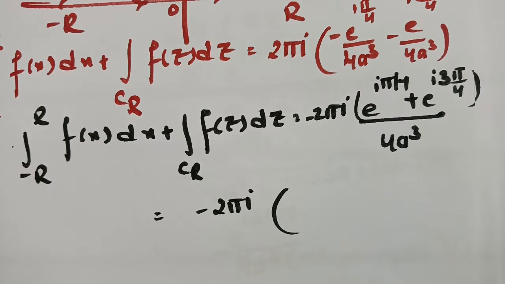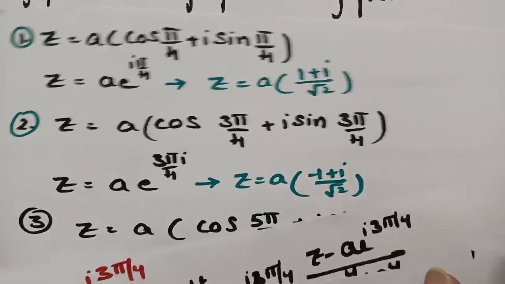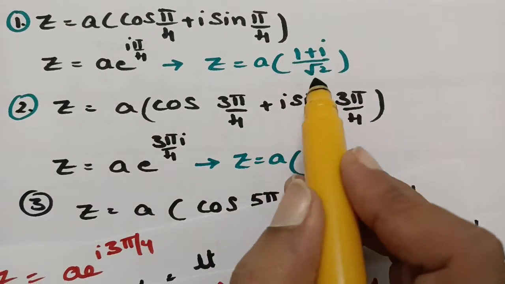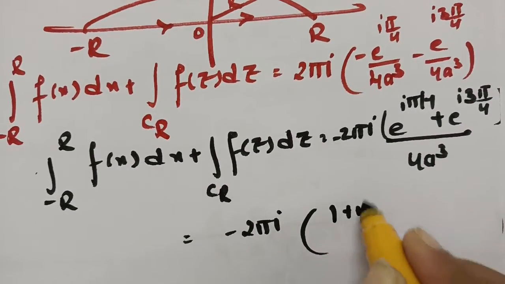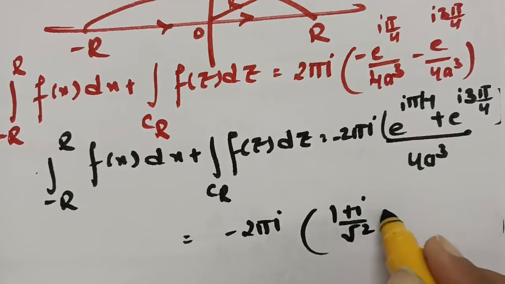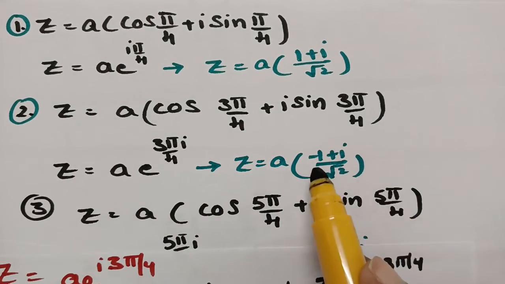So what is e power i pi by 4? The value is very clear, for e power i pi by 4, the value here is 1 plus i by root 2. So you can check there, that is 1 plus i by root 2, plus e power i into 3 pi by 4, the value is minus 1 plus i by root 2.